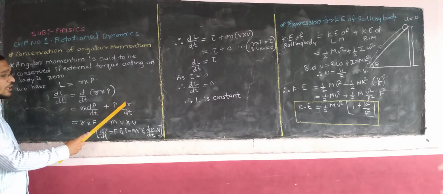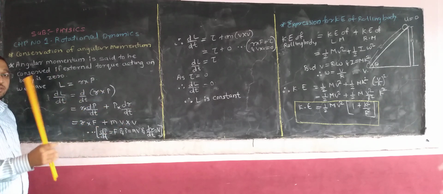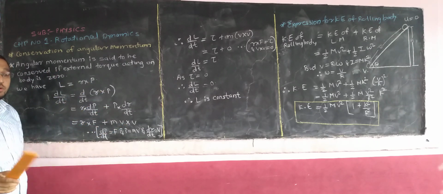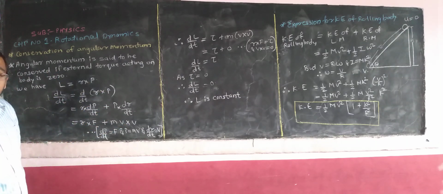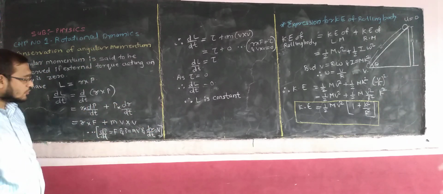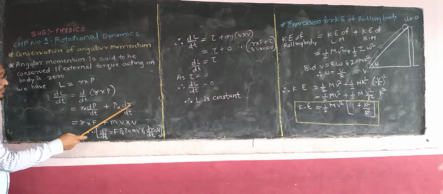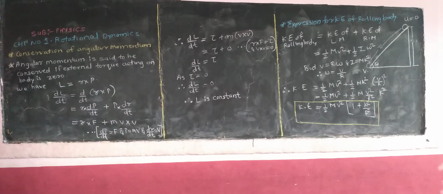Next, the radius vector is changing, which gives a displacement with respect to time, and displacement with respect to time is velocity. So the rate of change of radius vector with respect to time is velocity v. I substituted these values: in place of dp by dt, F; in place of p, mv; and in place of dr by dt, v.